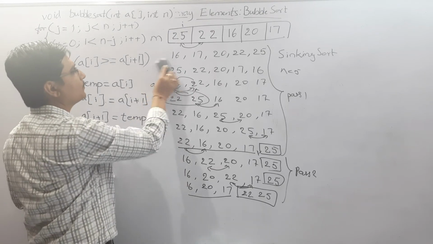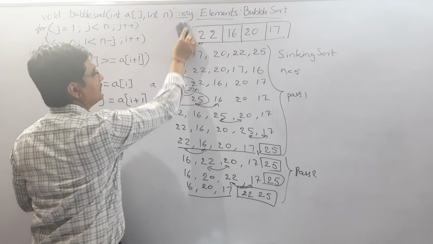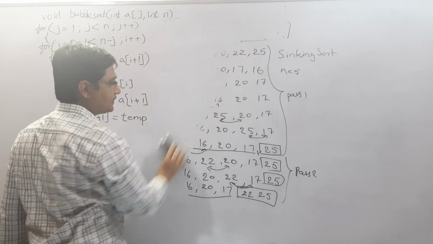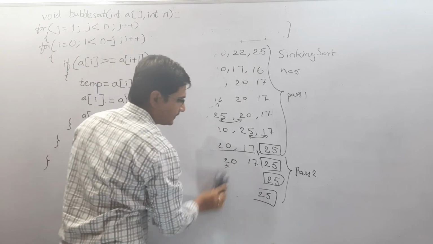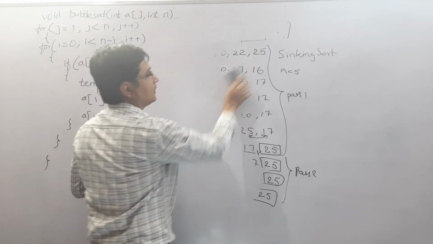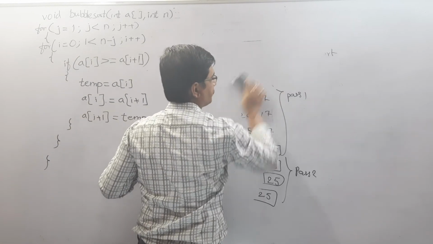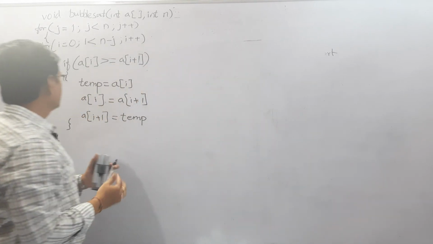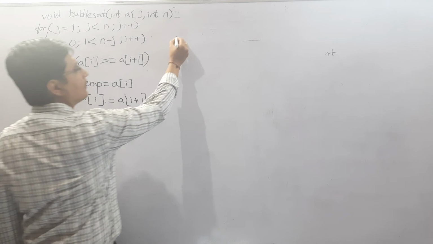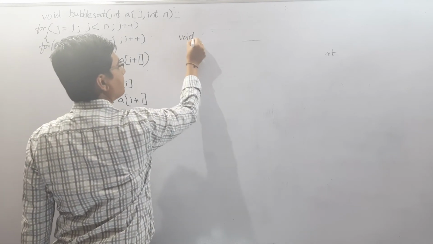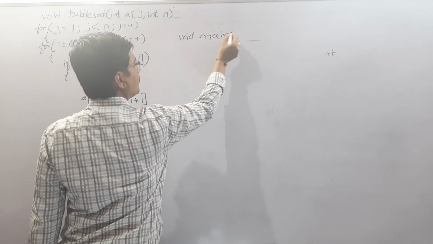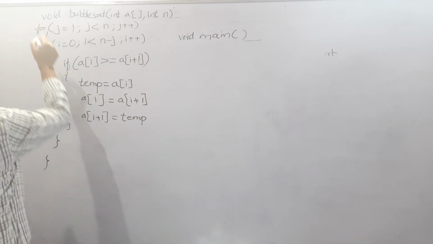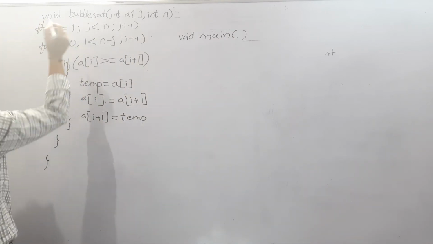Right, what we need to do now is write the main function, which will call this bubble sort function. So void main. I have not declared the variables for this function.